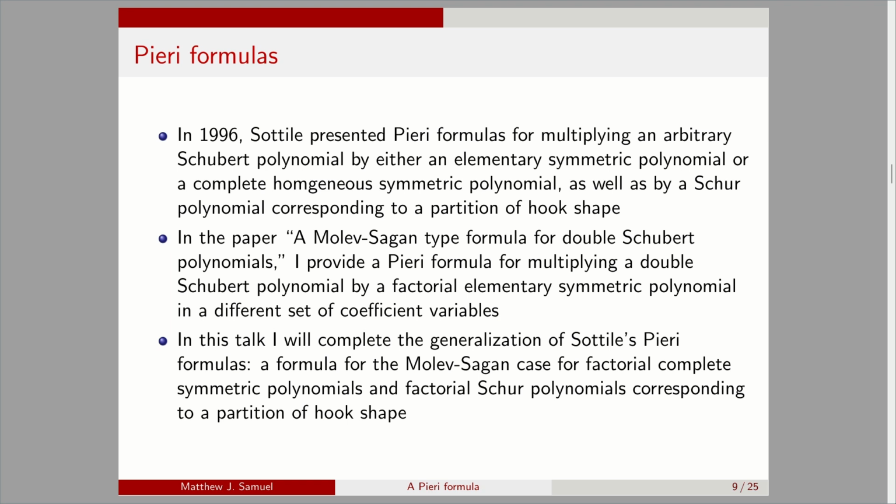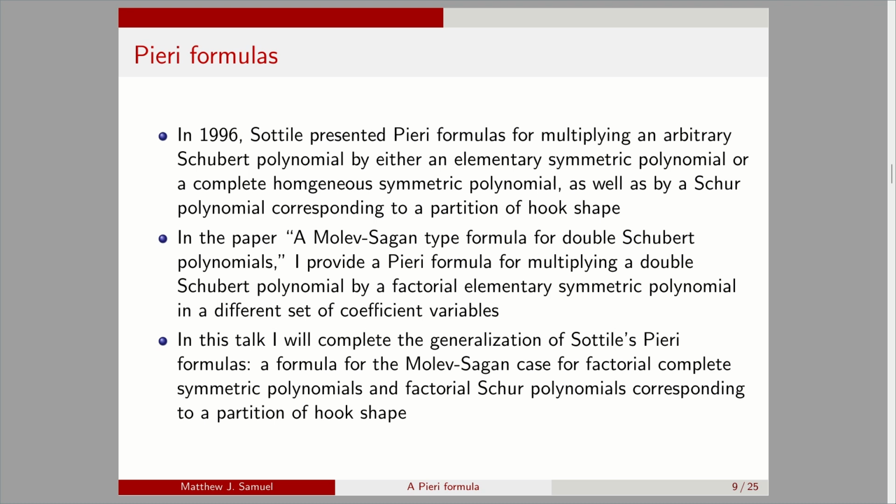So now we'll move on to Pieri formulas. In 1996, Sottile presented Pieri formulas multiplying an arbitrary ordinary Schubert polynomial, not a double Schubert polynomial, by either an elementary symmetric polynomial or a complete homogeneous symmetric polynomial, as well as by a Schur polynomial corresponding to a partition of hook shape.